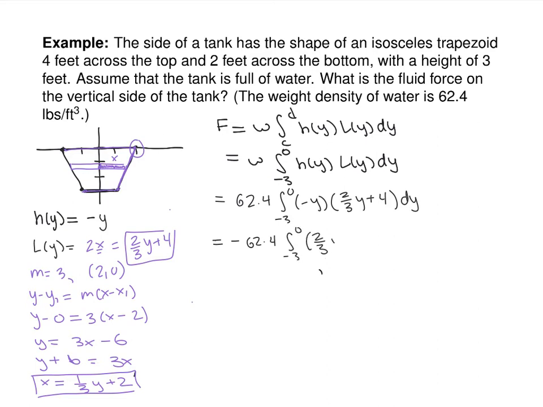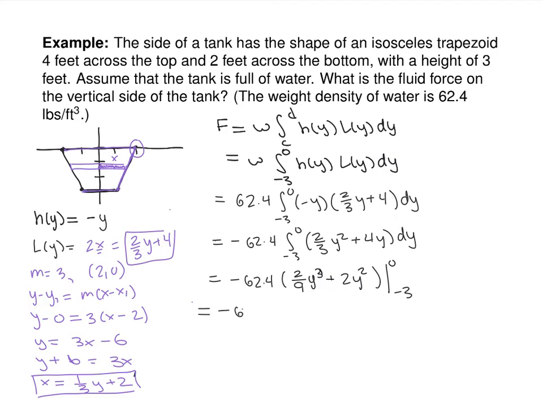So 2/3 y squared plus 4y, dy. Now let's anti-differentiate. So that will be 2/9 y cubed plus 2y squared, evaluated from -3 to 0.